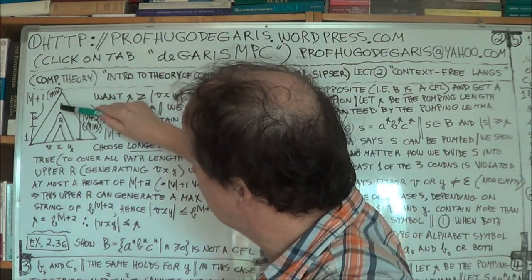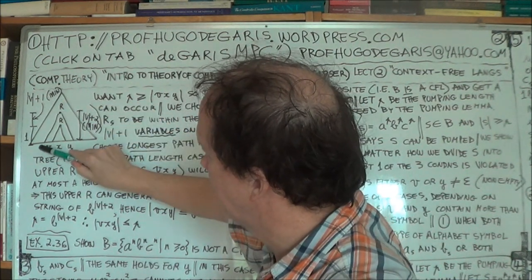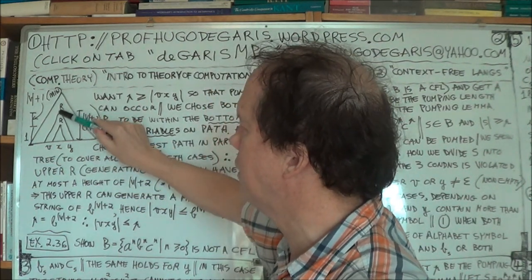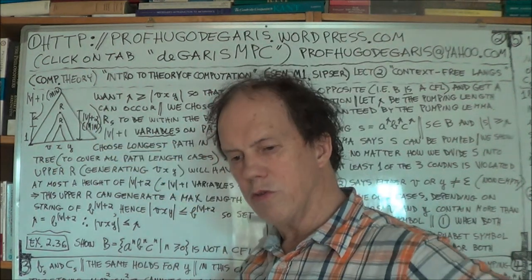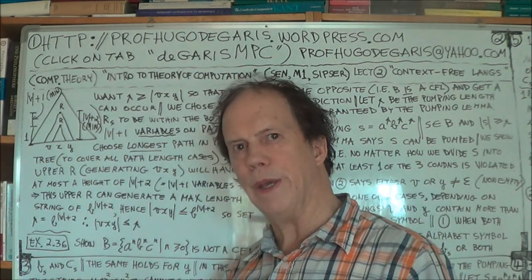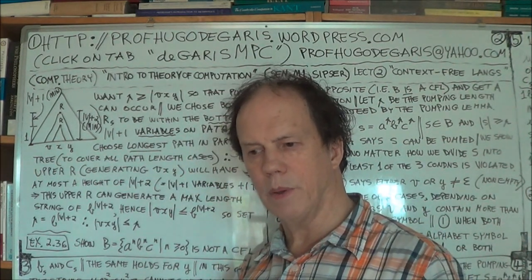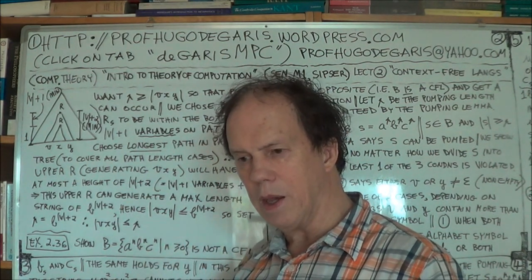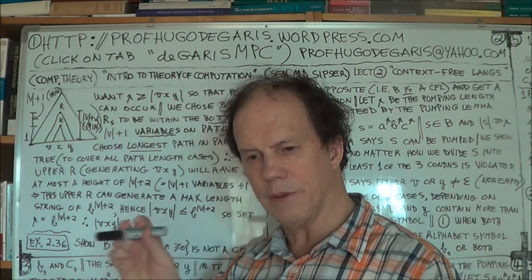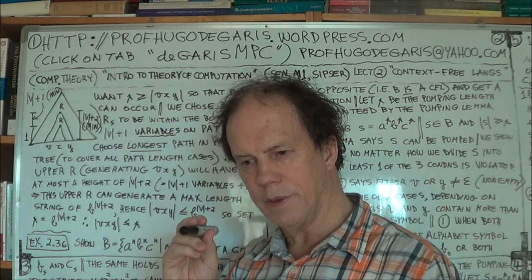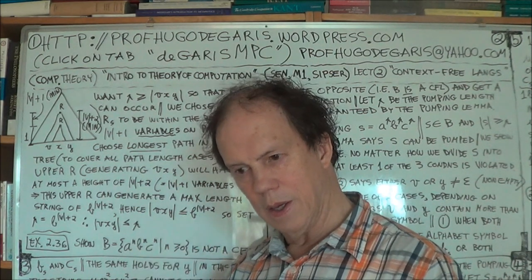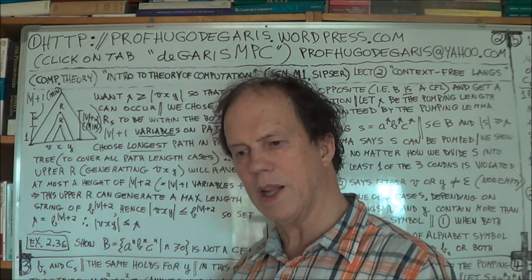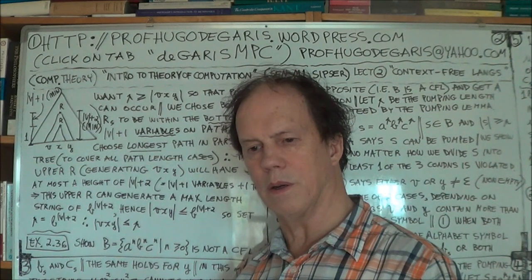So from the first R here, what's the longest string we could generate in theory from that R? Well, remember we talked about little b. Little b, if you remember, was you look at all your rules in your rule set, and you look at the right hand side of each rule, and you find the number of symbols in the right hand side, and then find the largest number of symbols on a right hand side.